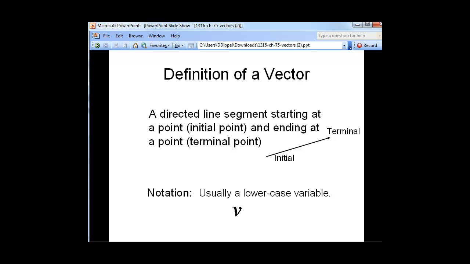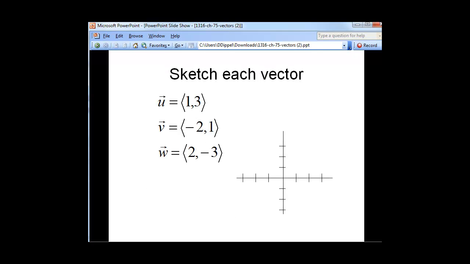Notation: we usually use lowercase letters, or we can put little arrows over them to notate vectors. So suppose we have the letter u, lowercase, with a little arrow over it, meaning it's a vector. We usually put braces around it, so it's <1, 3>, then <-2, 1>, and <2, -3>. Now these vectors, since they don't give you a starting point, start at 0.